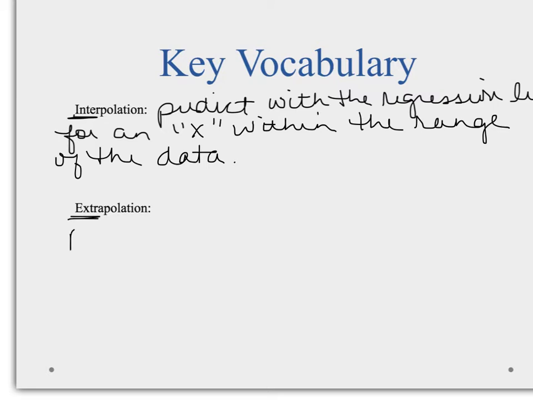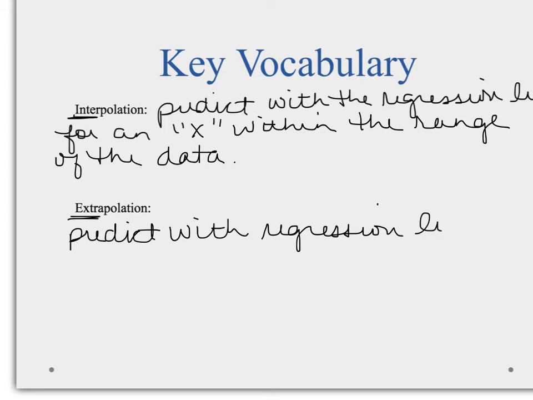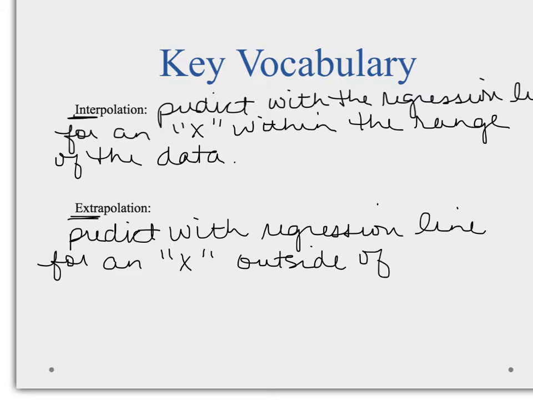And so this is predicting, again, with the regression line for an explanatory variable, or an x, outside of the interval or the range, let's just say outside the range of data, specifically for your x values.